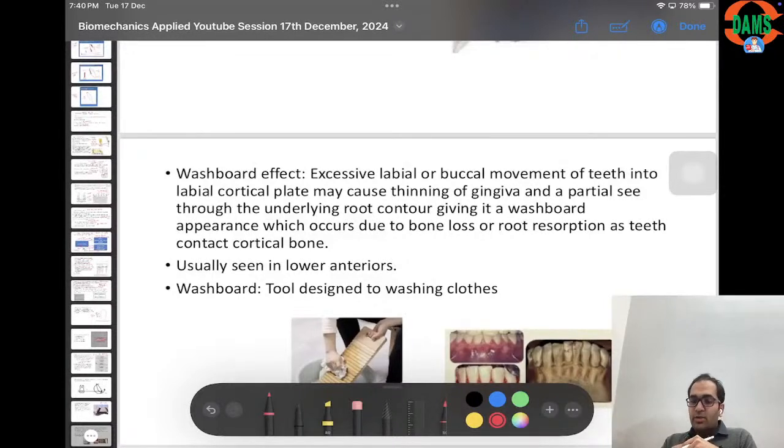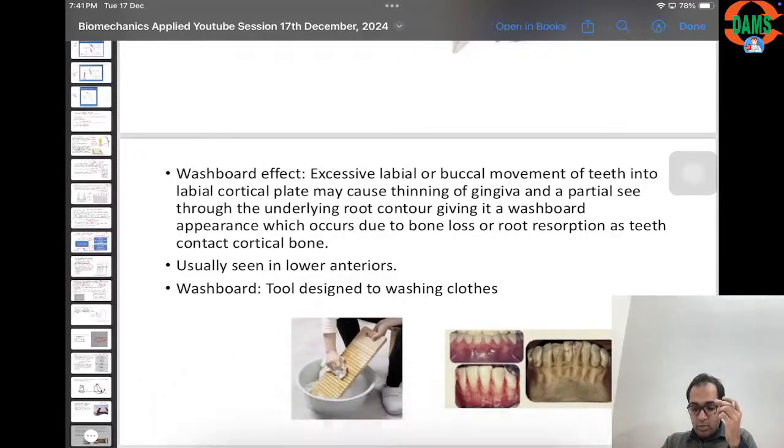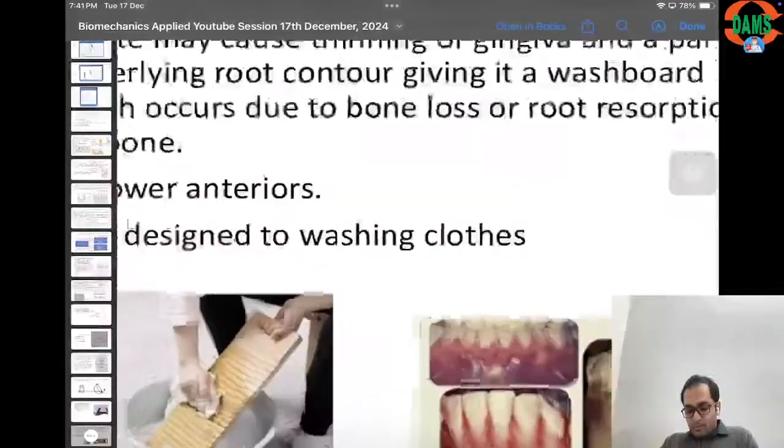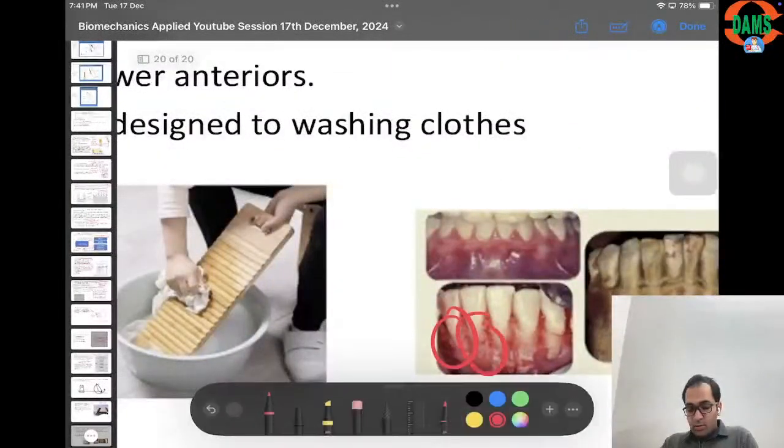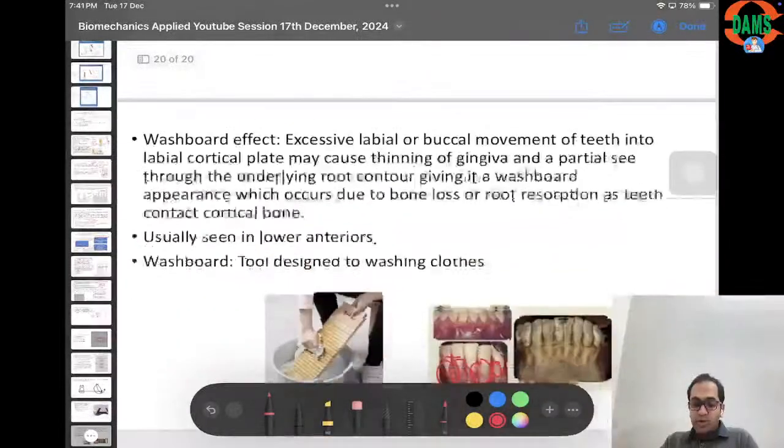If we sometimes give labial root torque or lingual crown torque, the roots will move out through the cortical plate, and if the cortical plate is thin or the gingiva is thin, these roots will come out through it. Periodontally it is seen as fenestration or dehiscence of the roots. So this is known as the washboard effect.